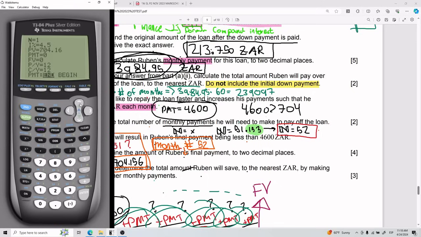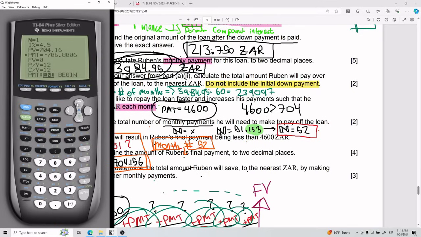So how much he needs to pay monthly in order to pay off the loan with FV equals 0. So you find PMT from here. Now I can do all the solve functions. So I press alpha, enter, boom. There it is. Some of you might be thinking, what the heck? Why is it not just 704.16? It's because the bank earns money.